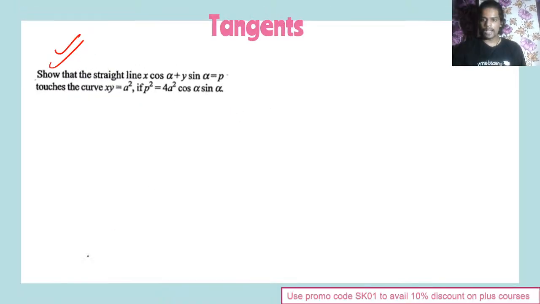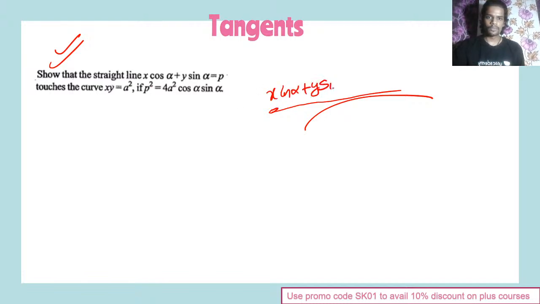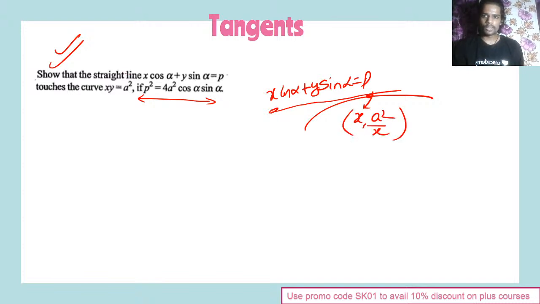Suppose this is the curve and this is the straight line x cos alpha plus y sin alpha equal to p. We want to check whether this touches, and if it touches, we have to prove that this condition is satisfied. Let's say it touches at a point x comma a square over x, because xy equal a square, so y equal a square by x.